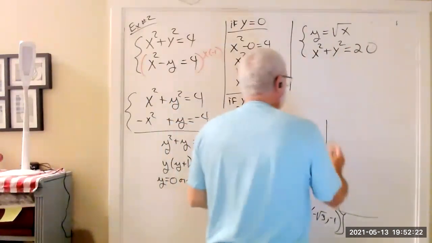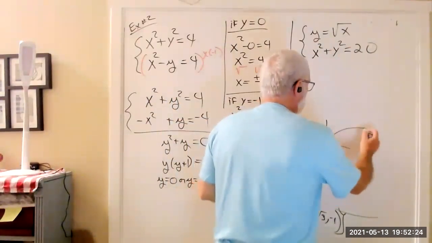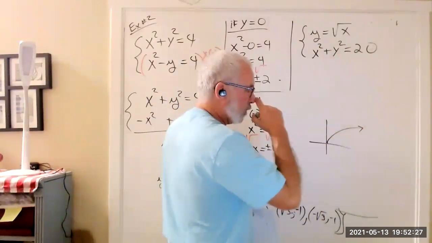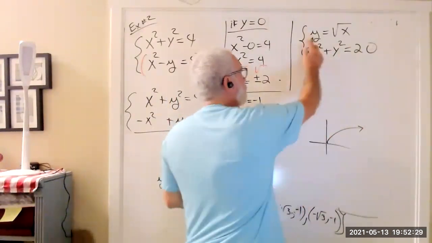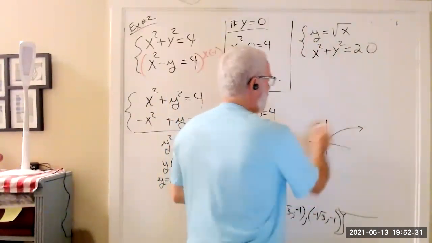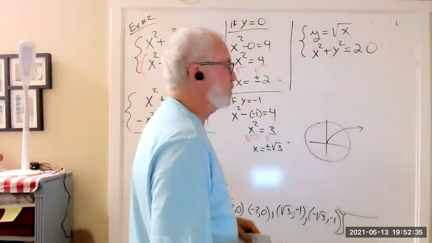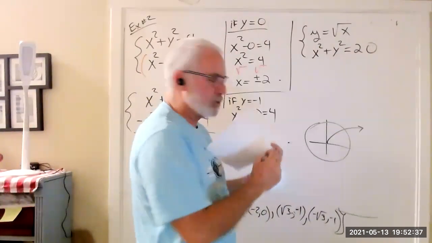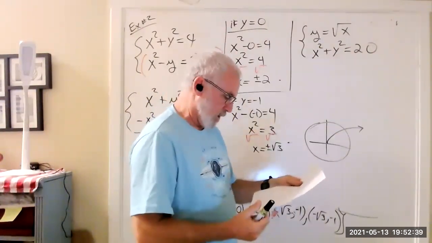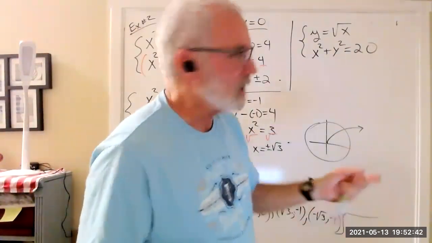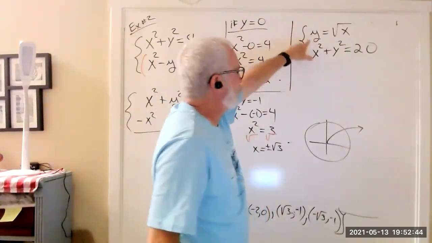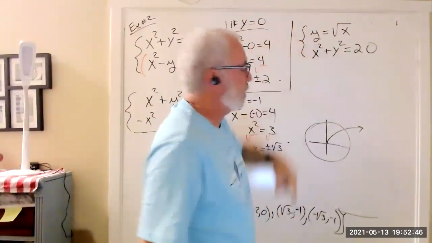For what it's worth, the square root of x looks something like that. Don't worry about it. Top one is a square root graph. Bottom one is a circle. Probably only one point of intersection. But let your algebra guide you. So I'll pause it while you guys try and do the algebra for figuring out where these go.